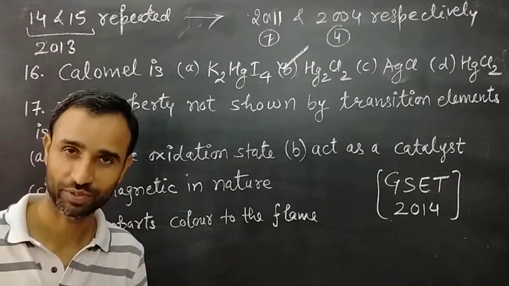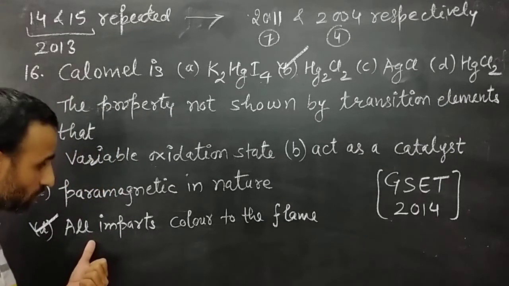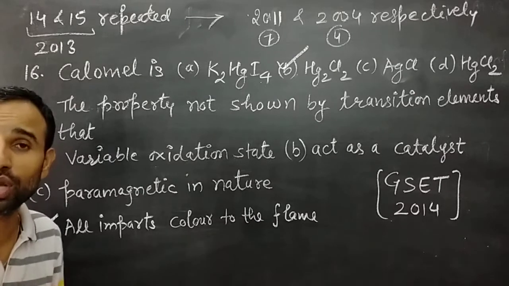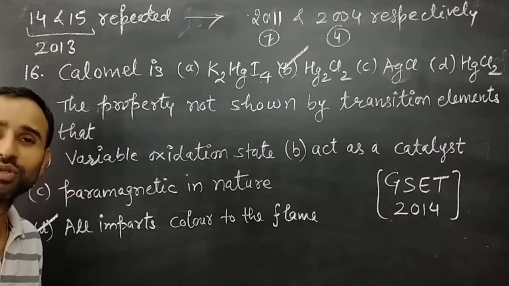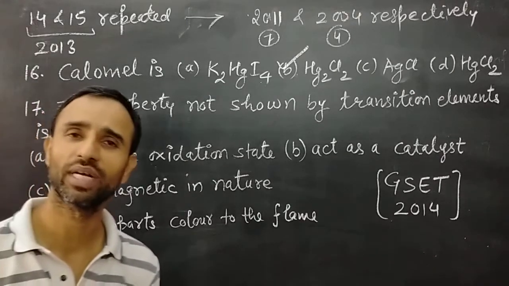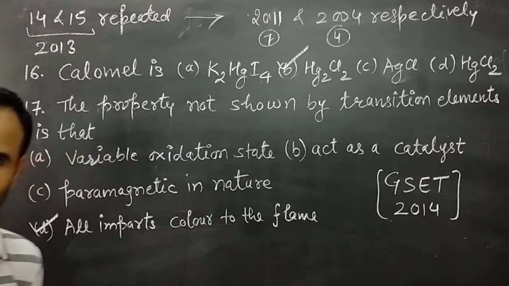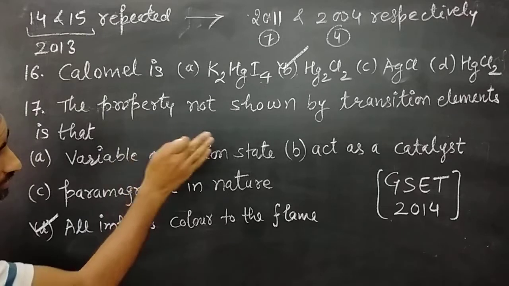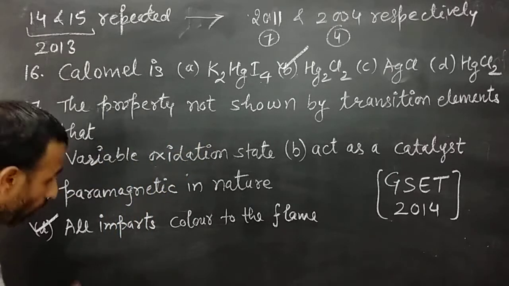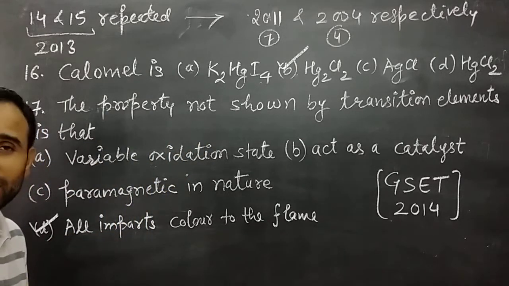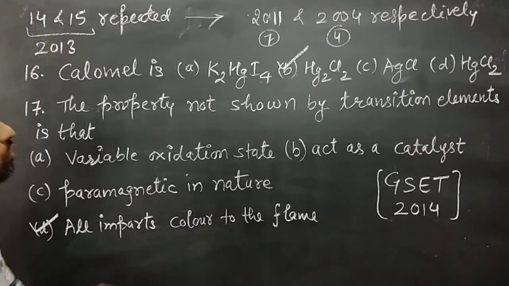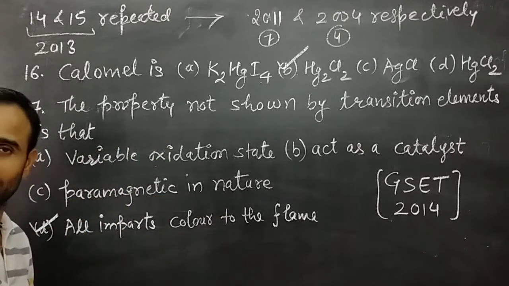This one is wrong, because the flame test is not for all transition elements, though it is useful for alkaline earth metals and alkali metals. All transition elements are not detected by flame test, so this is not true for transition elements.